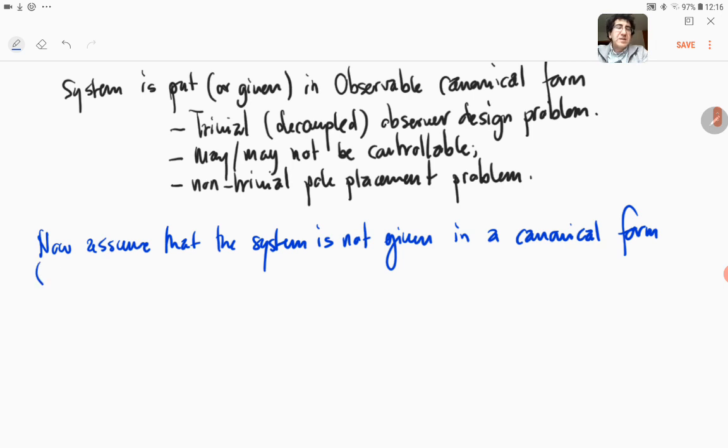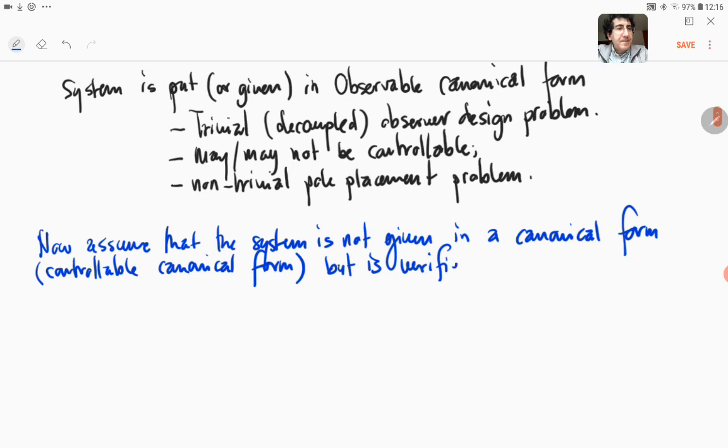In fact, in this case, for pole placement, we are interested in having the controllable canonical form, but it is verified to be completely controllable.